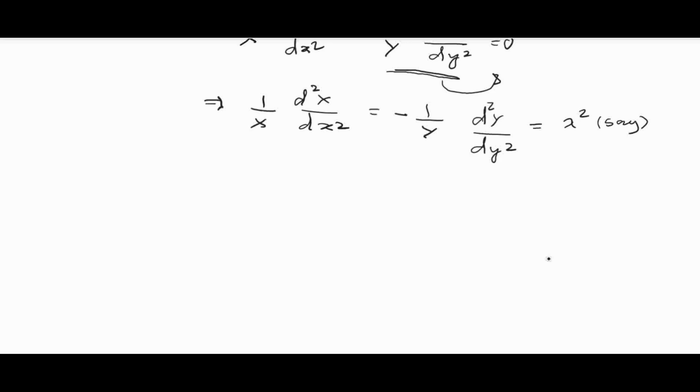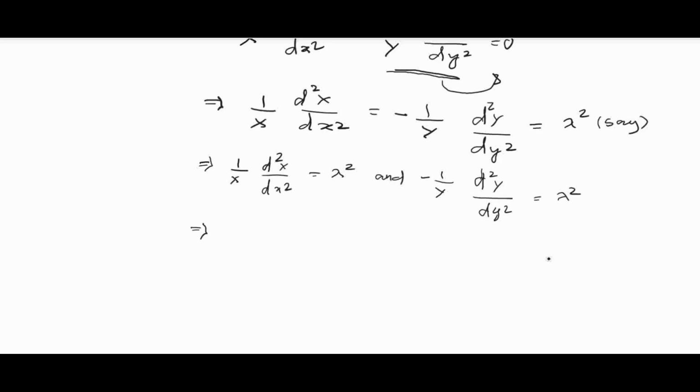Now this will give us a set of two ordinary differential equations. How? Here, 1 by X d square X by dx square is equal to lambda square, and minus 1 by Y d square Y by dy square is equal to lambda square.